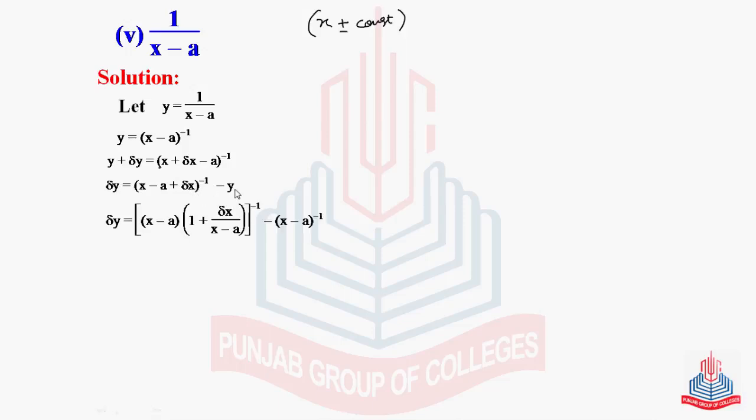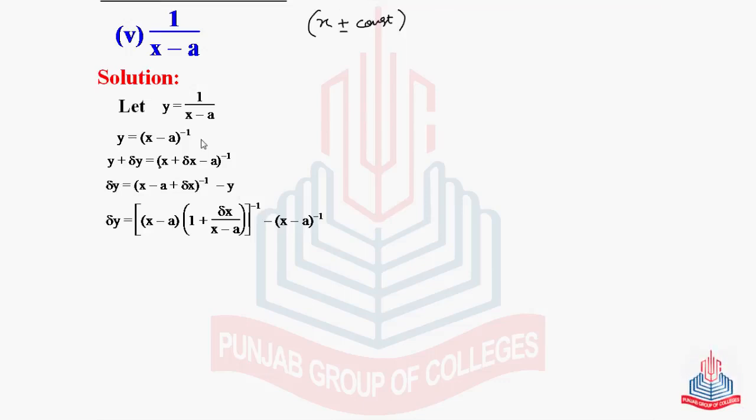Now just put the value of y, and also this x minus a can be taken as a common factor. So that will become 1 plus delta x divided by x minus a whole raised to the power minus 1, and this y will be replaced by x minus a raised to the power minus 1 by this starting condition.